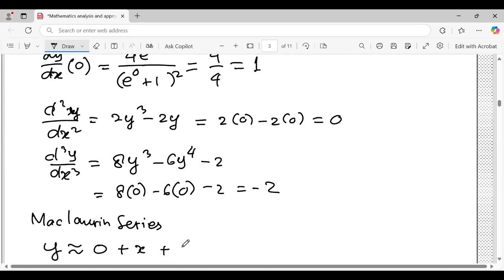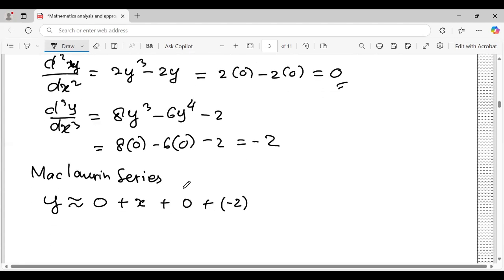And the second derivative is 0 times x squared, which is 0, and the third derivative is minus 2, times x cubed over 3 factorial. This is over 1 factorial, this is x squared over 2 factorial, according to the Maclaurin series.